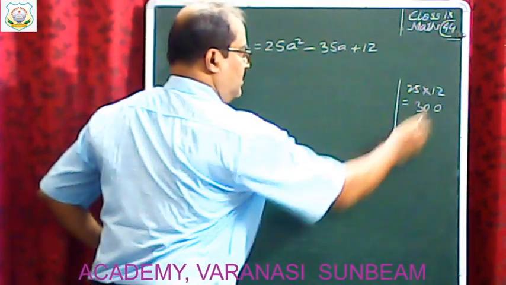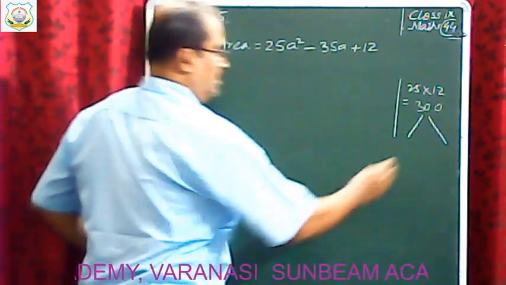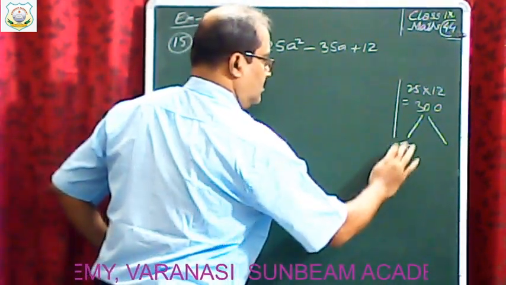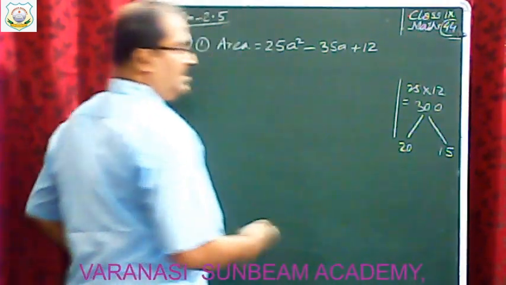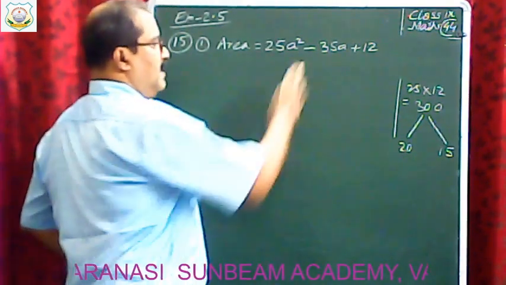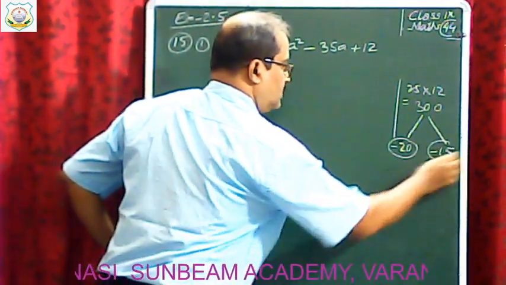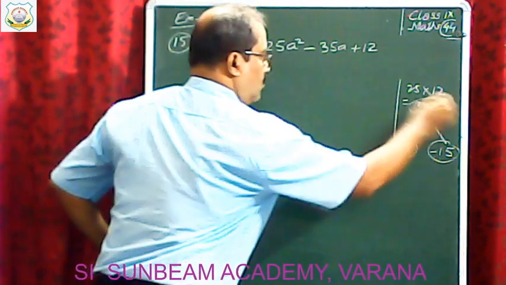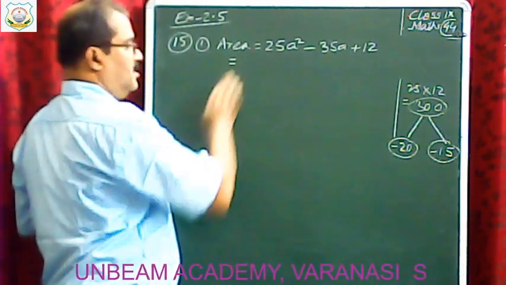As we have done in the exercise on splitting the middle term, that is 20 and 15. If we multiply 20 and 15, we get 300, and since minus 35 is required, we consider minus 20 and minus 15.